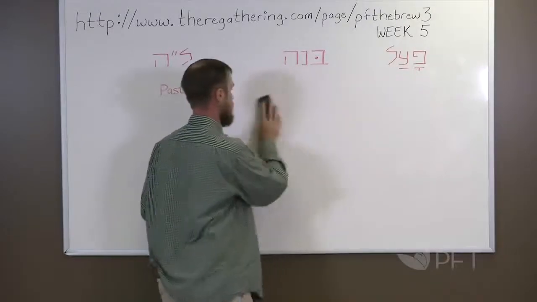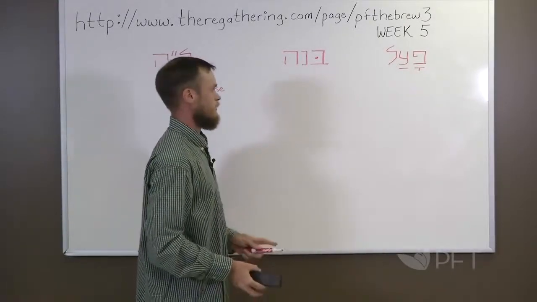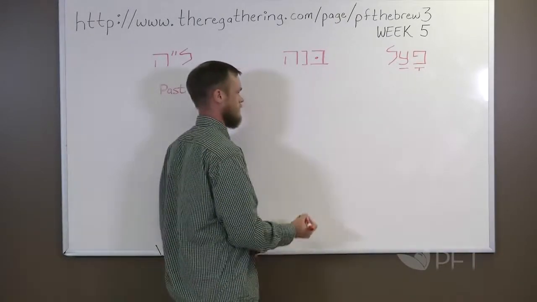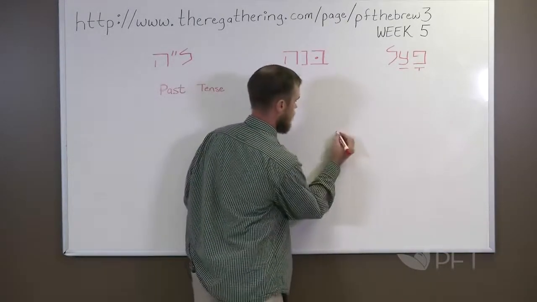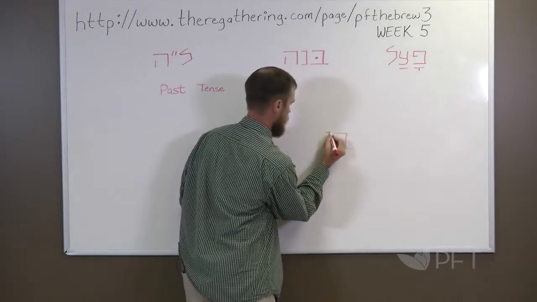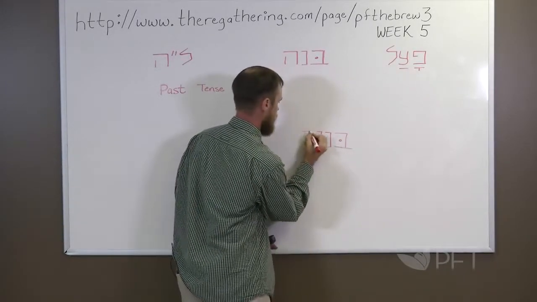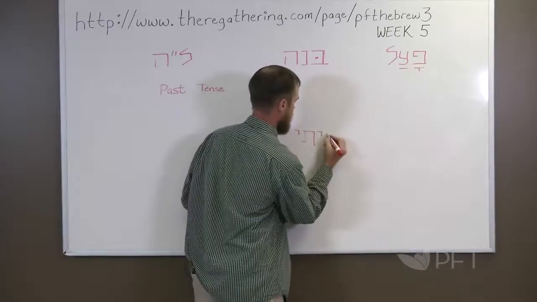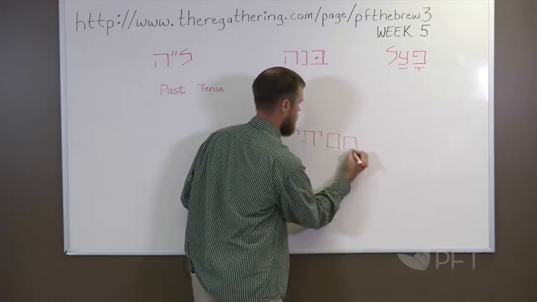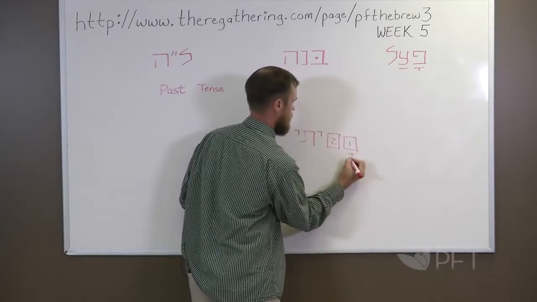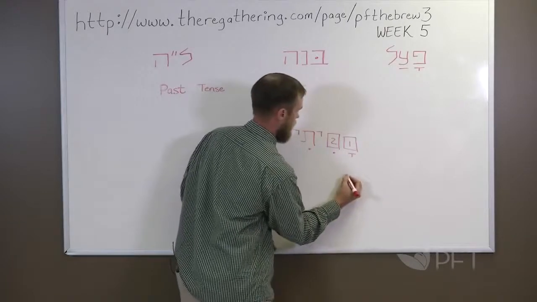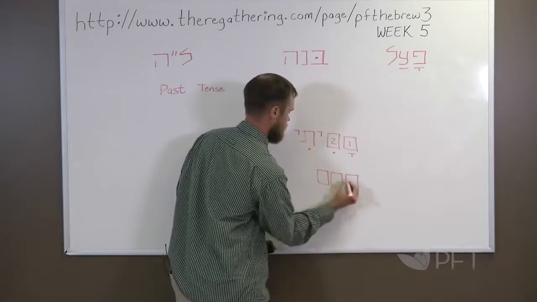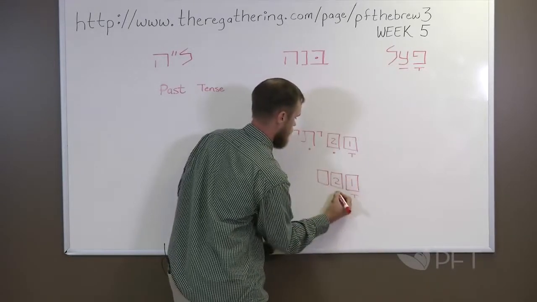And you'll notice in the second person that Hey is further replaced by the Chirik Yod. You can look at the charts yourself, but just to illustrate the contrast: the Lamed Hey and the Shlamim are very similar.